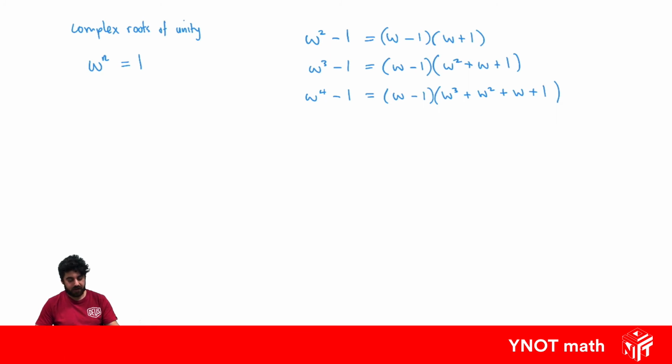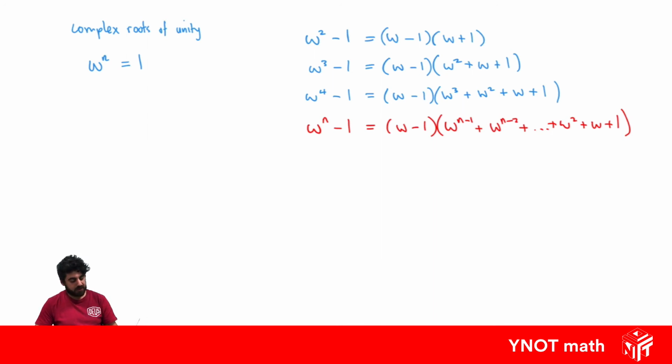Hopefully you can recognize the pattern. But the general pattern is that if we have w to the n minus 1, we can write that as w minus 1 outside of w to the n minus 1 plus w to the n minus 2 plus all the way down to w squared plus w plus 1, depending on what your n is.